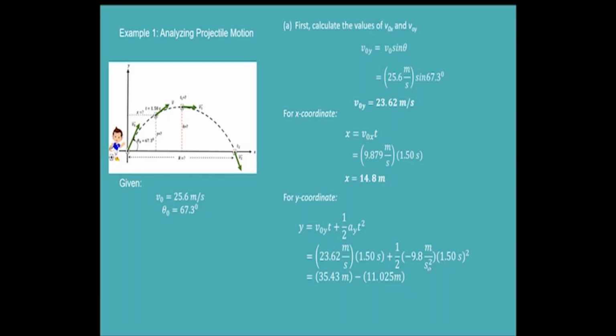We can cancel out seconds in this case. The remaining unit is in meters. So 23.62 times 1.50 is equal to 35.43 meters, minus 11.025, the product of these three in our second term. Simplifying this one, y is equal to 24.41 meters. So that is now our x and y coordinates.